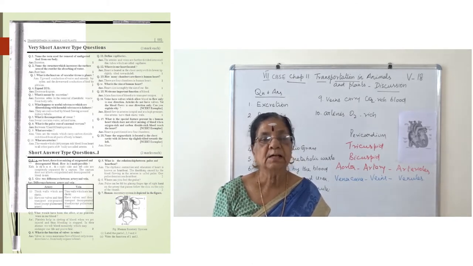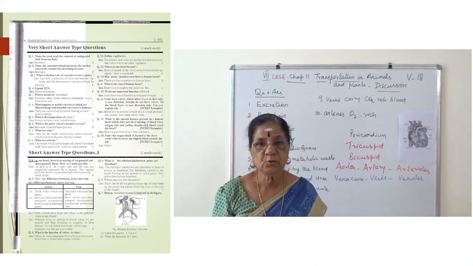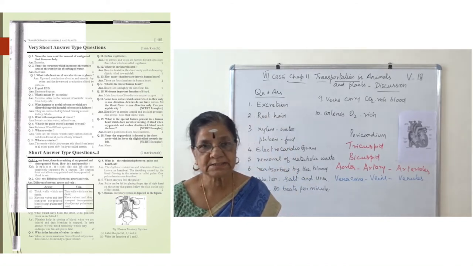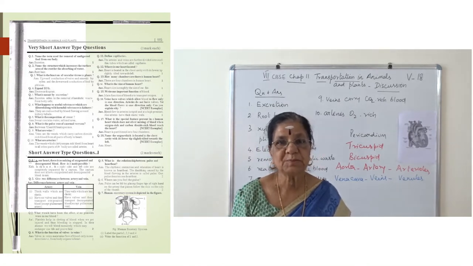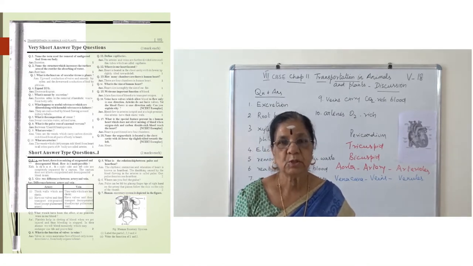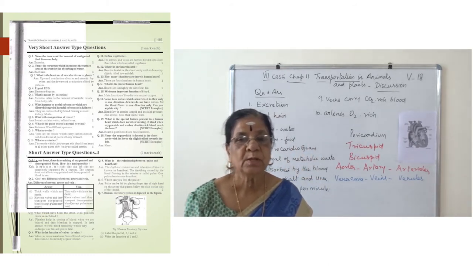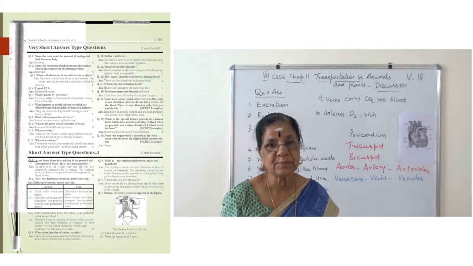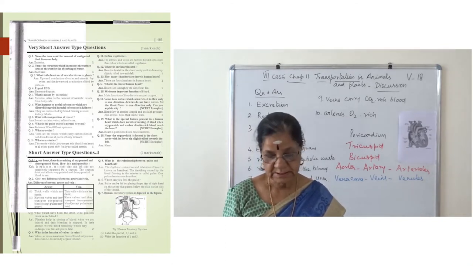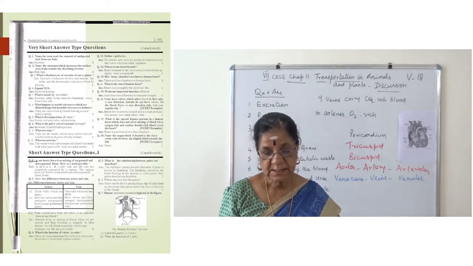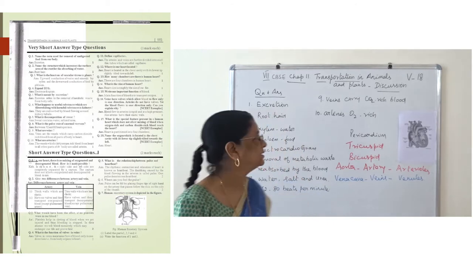This root system is covered by numerous hair-like structures called root hairs, which absorb water from the soil. So the function of root hair is to absorb water and minerals from the soil. That is the answer. Name the structure which increases the surface area of the root for absorbing water.